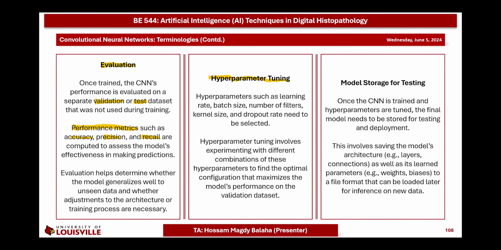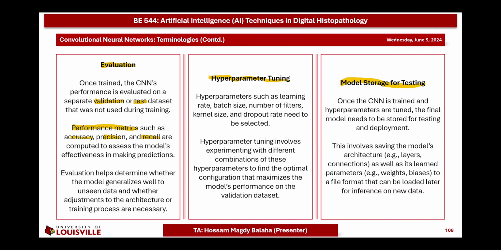After completing that whole process, we need to store the model for testing and future use, because the learning process can take time. For example, it can take from hours to days or to months. So it's not reasonable to train the model every time to get a single output.